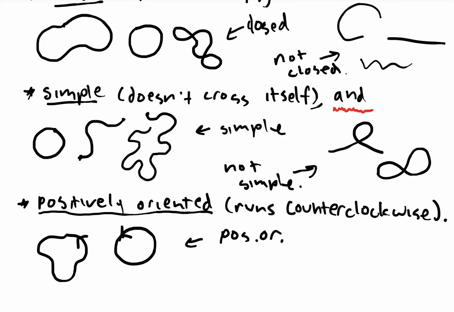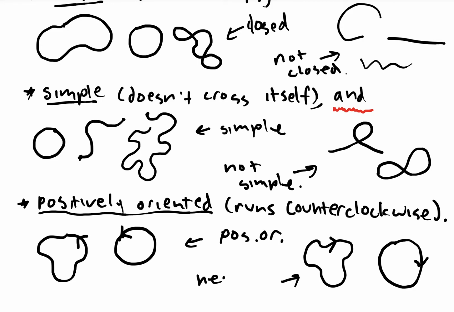Whereas, on the other hand, if you go in the opposite direction, if it looks like your curve is running clockwise instead, these guys are going to be not positively oriented. You could say negatively oriented, or you could say not positive. Either way, similar kind of thing.